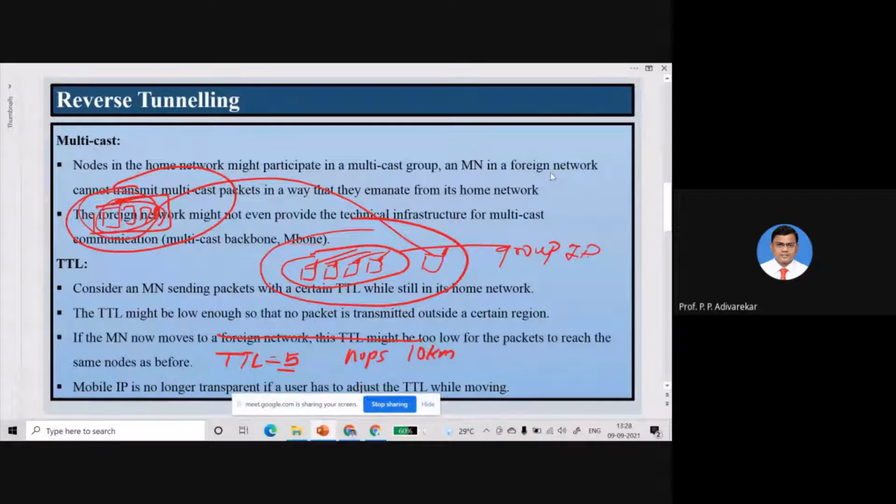Okay, so now if we have to make this packet reach the destination, we have to increase the TTL. Suppose we are using TTL as 5 plus 3. So modifying the TTL field during transit is not keeping the semantics of IP.